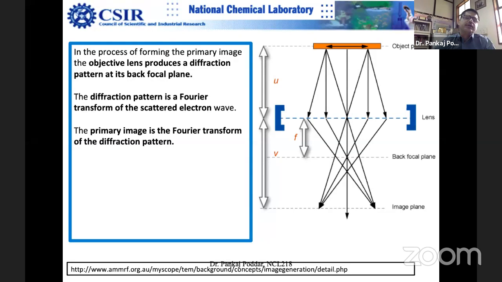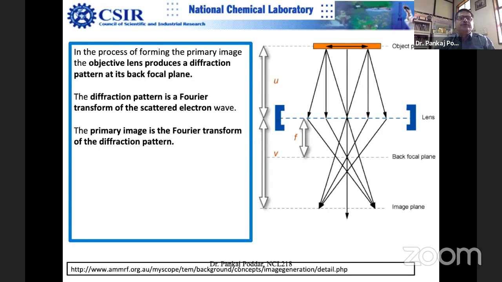We have learned that all diffraction patterns are Fourier transforms. Why do we need a Fourier transform? We are transforming from real space to K space, inverted space or reciprocal space, one over d or k, right?